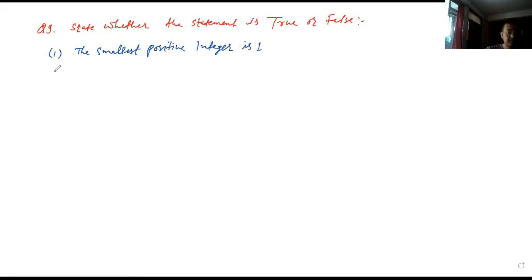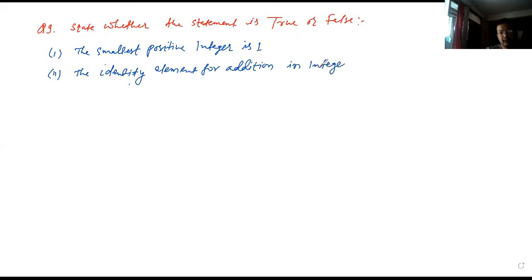Number 2: the identity element for addition in integers is 1.